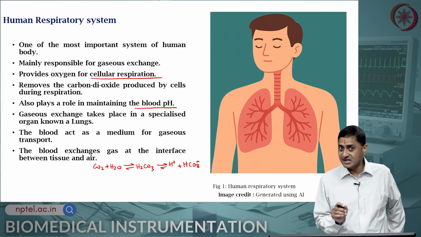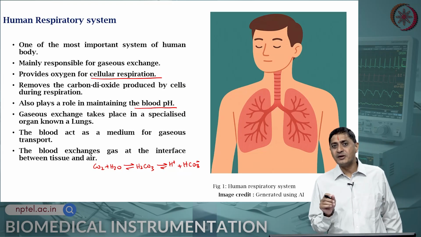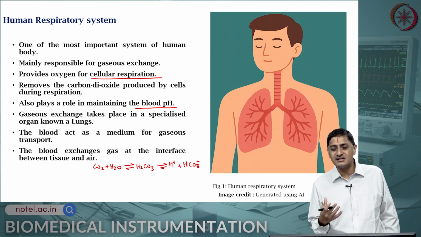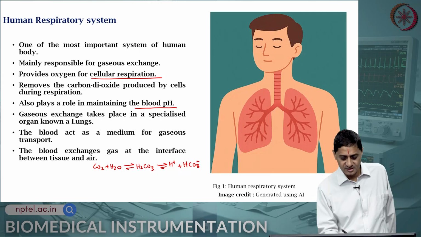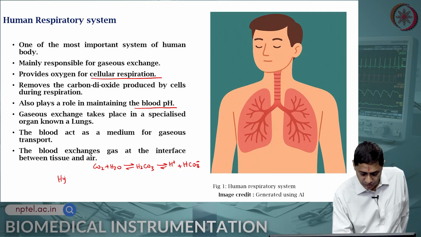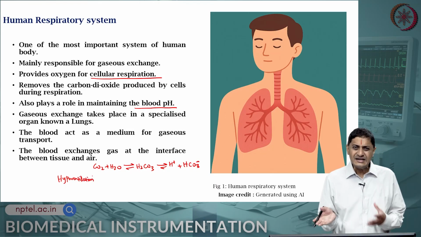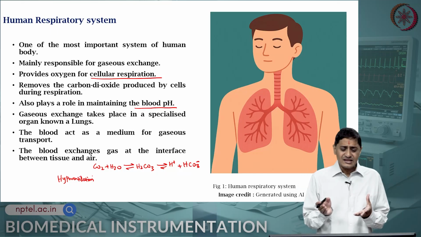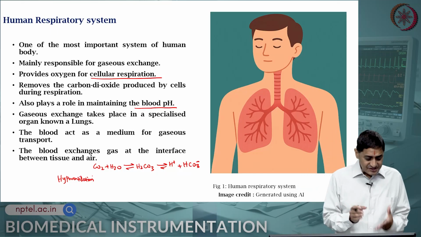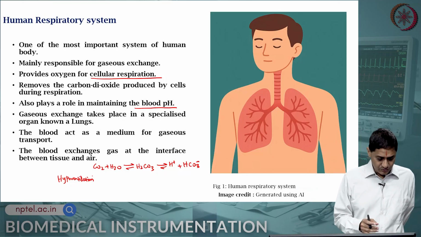Hypoventilation, as it would happen when the person is not able to breathe, as it used to happen in a large number of cases during COVID. Hypoventilation, what will it do? Hypoventilation will tilt this balance towards acidosis, right.